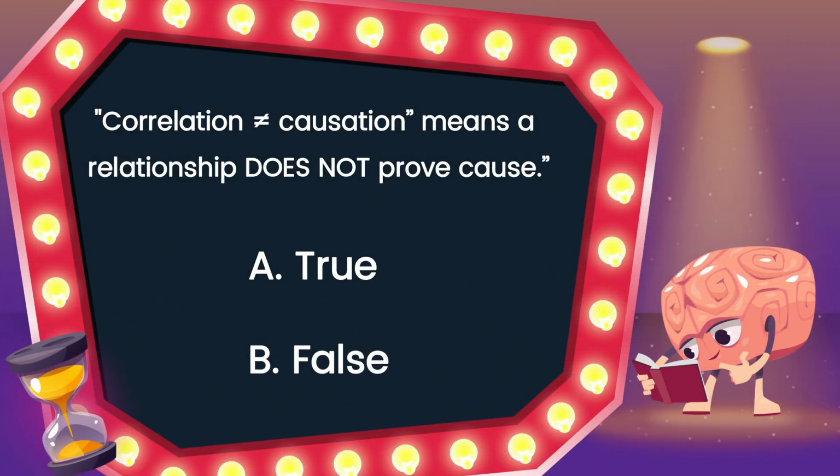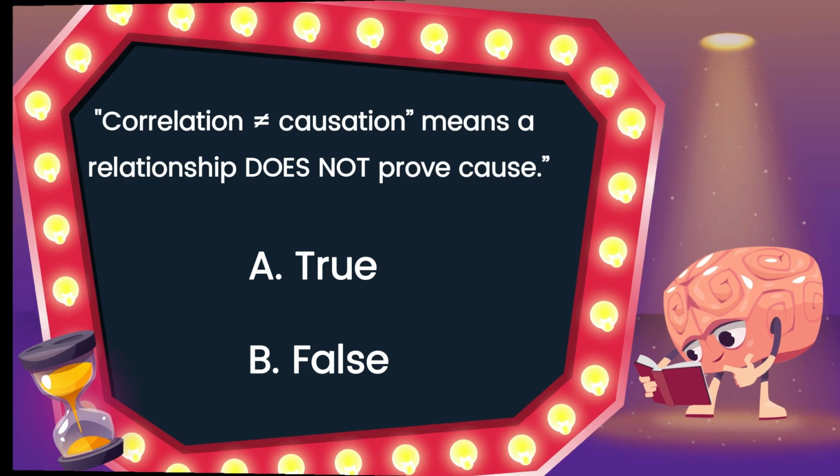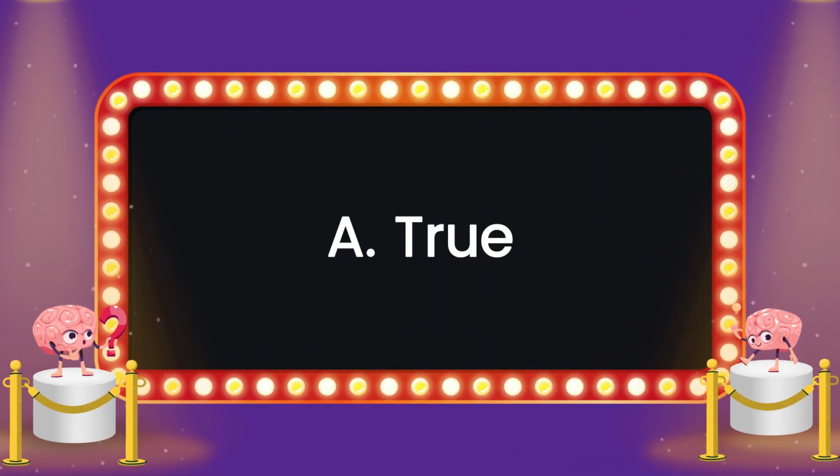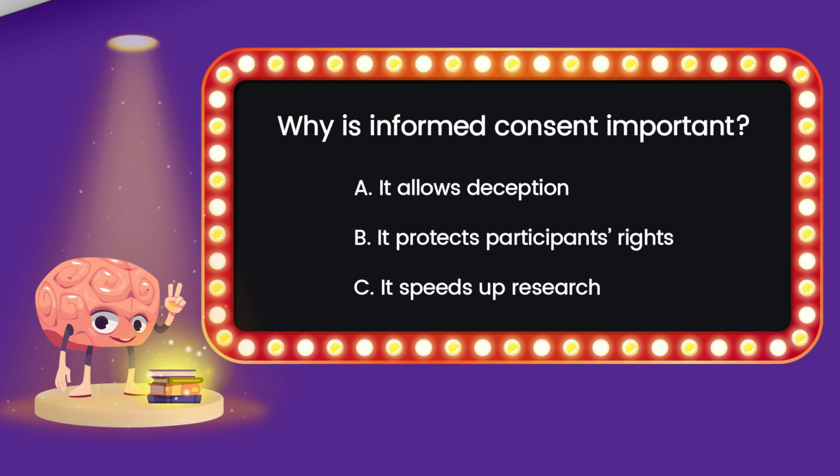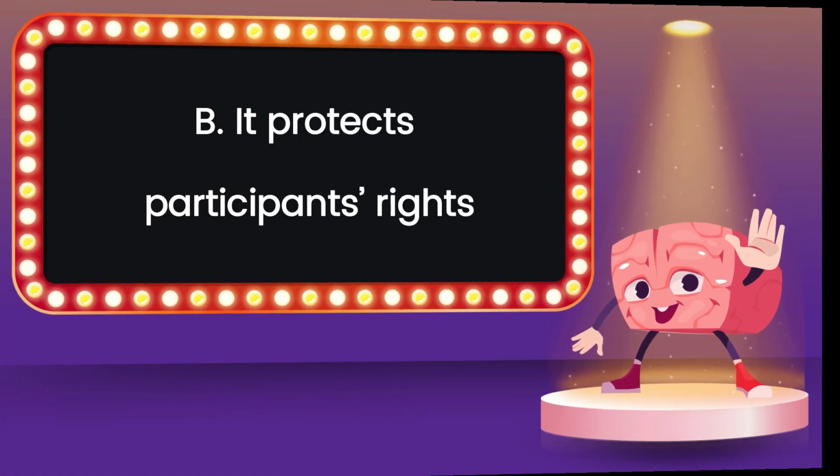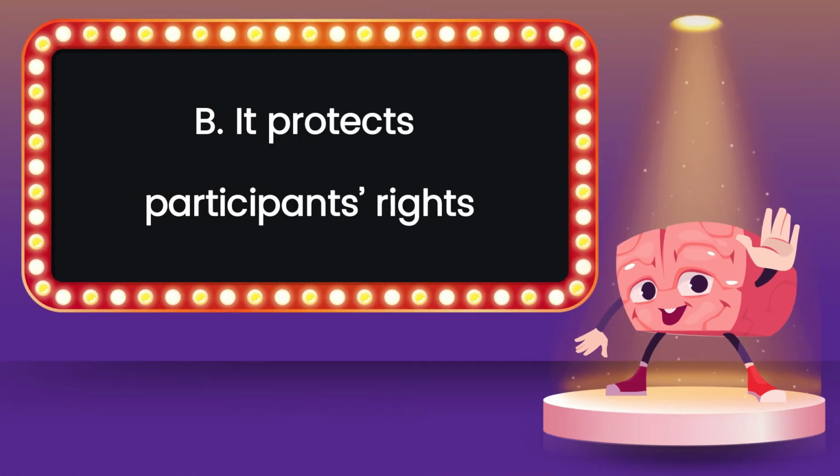Correlation does not equal causation means a relationship does not prove cause. A. True. B. False. Correct answer? A. True. Question 3. Why is informed consent important? A. It allows deception. B. It protects participants' rights. C. It speeds up research. Correct answer? B. It protects participants' rights.